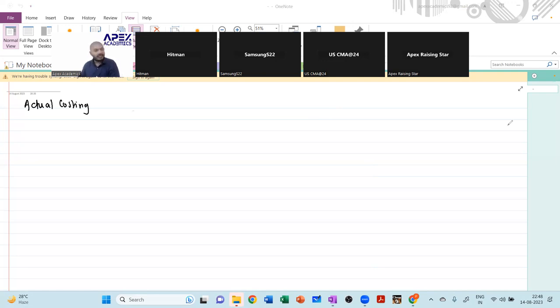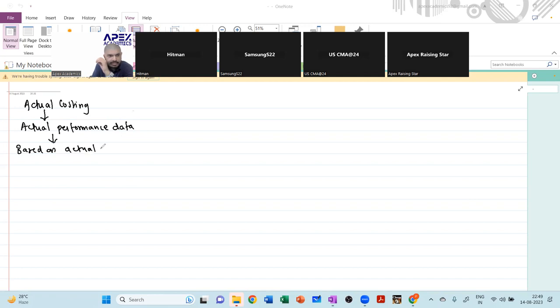Now, the first method that we are going to touch upon in our discussion is that of actual costing. What is actual costing? Actual costing is the actual performance data of the reporting period.